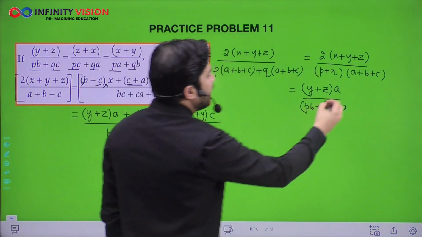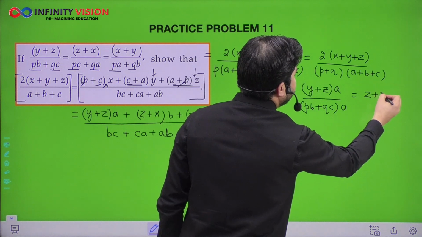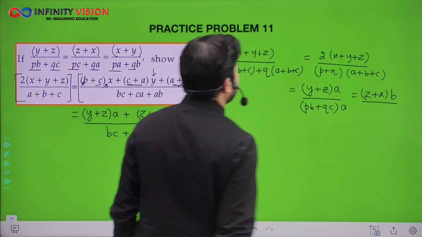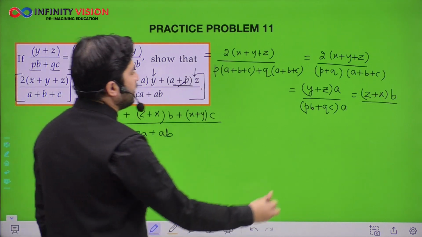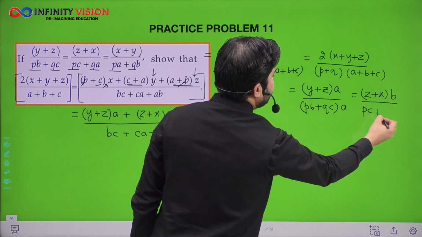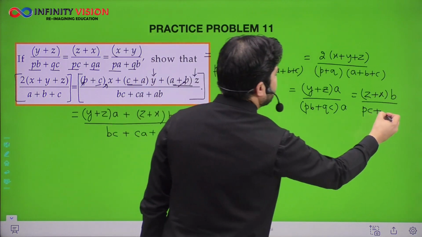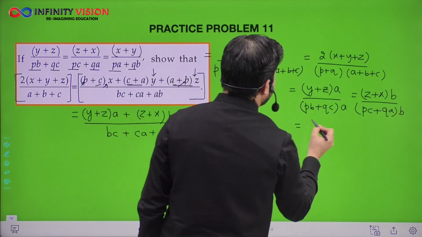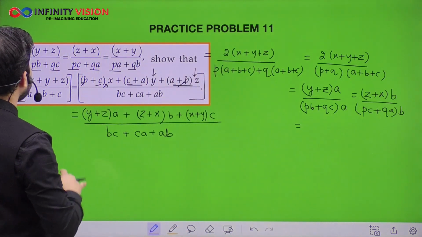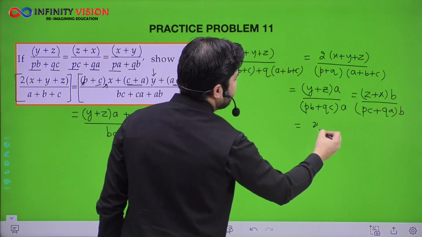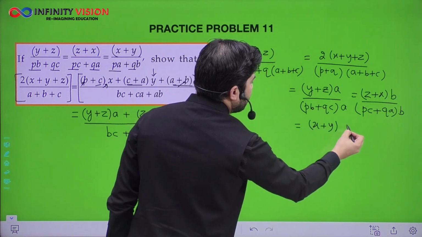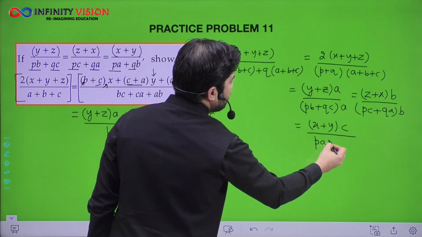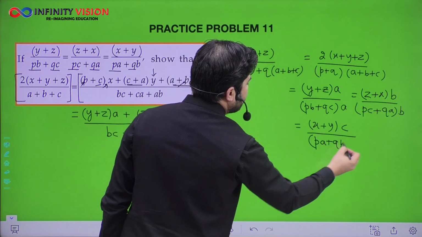Same way, I can write (z plus x) into b upon (pc plus qa) into b, which is also equivalent to (x plus y) into c upon (pa plus qb) into c.